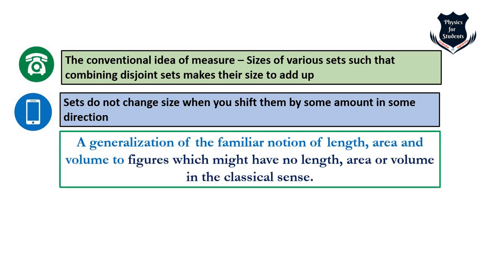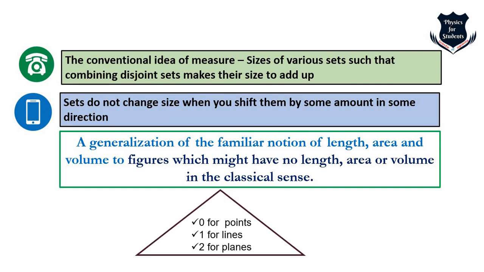So it is a generalization of the familiar notions of length, area, volume to figures which might have no length, area, or volume in the classical sense. That is basically the contribution of Henri Lebesgue.